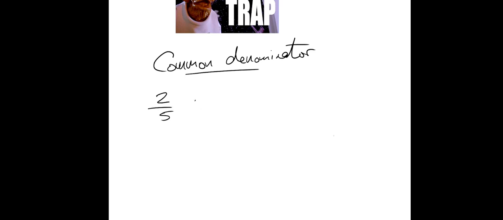2/5 times 1/5. It's a trap. It's a big old trap. The trap is to look at the common denominator here and think, okay, well, top times top, 2 times 1 is 2, and there's common denominator 5.